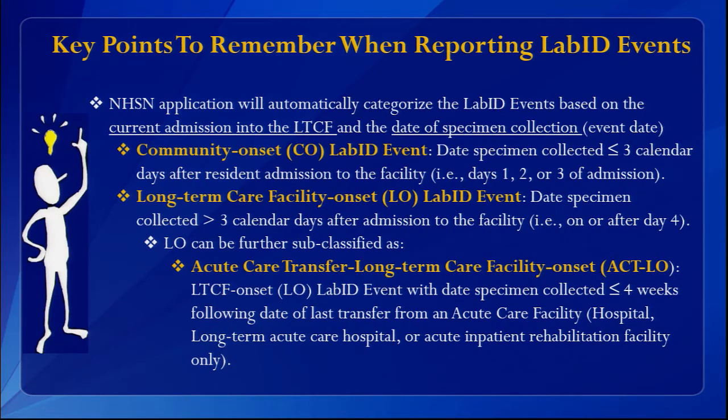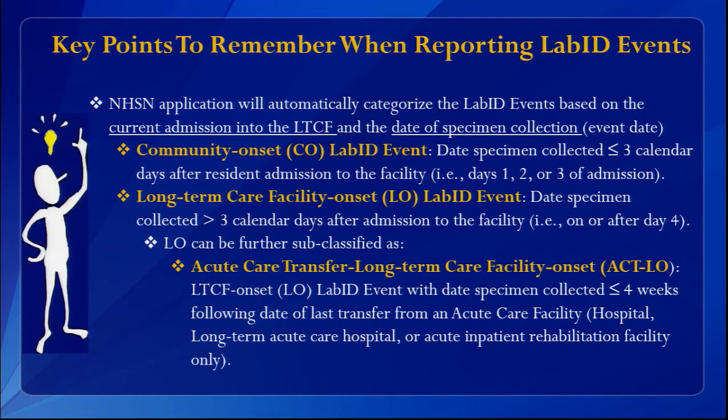Long-term care facility onsets also have another sub-categorization. Just for long-term care facility onsets, the application further classifies those as acute care transfer long-term care facility onset, or ACT-LO. That is a long-term care facility onset lab ID event with a date specimen collected less than 4 weeks following the date of the last transfer from an acute care facility.